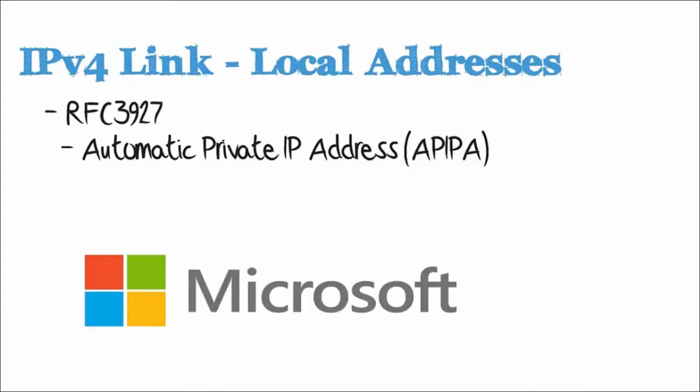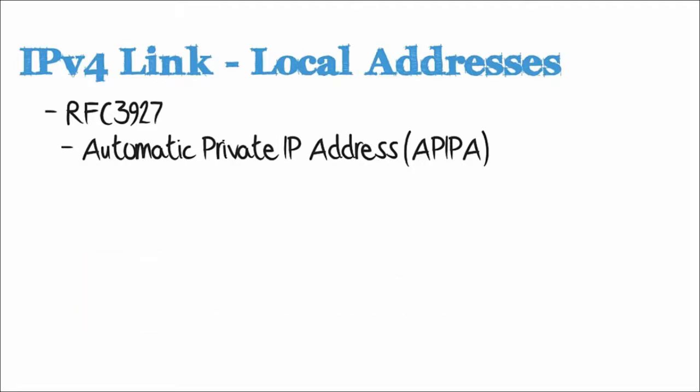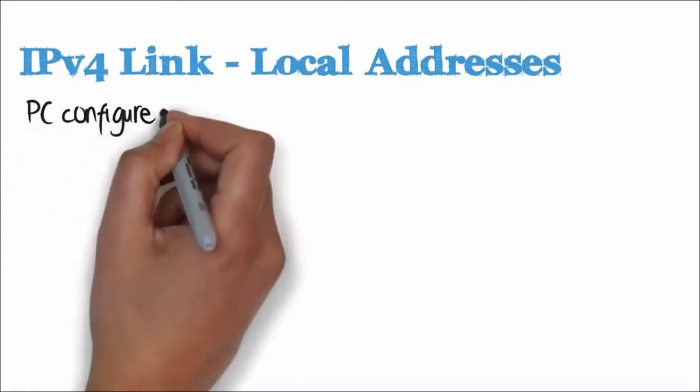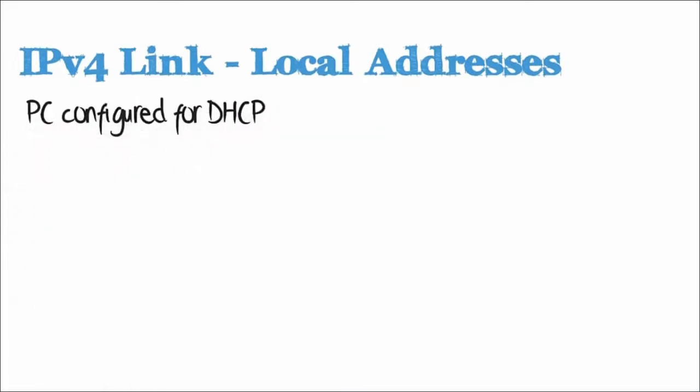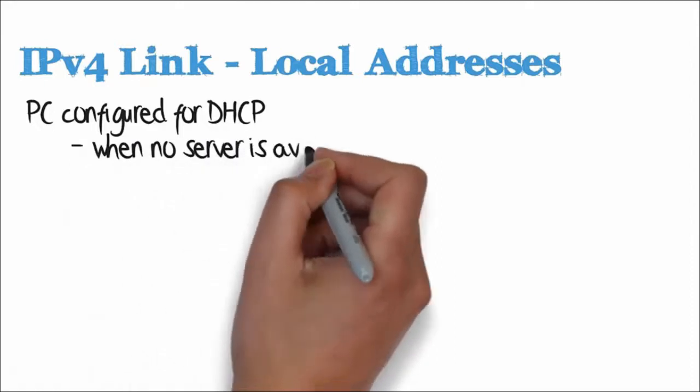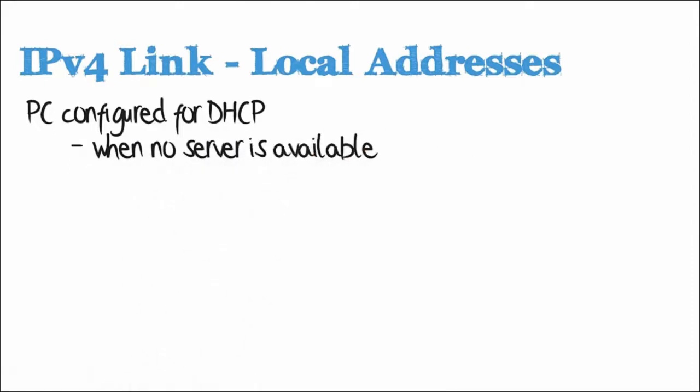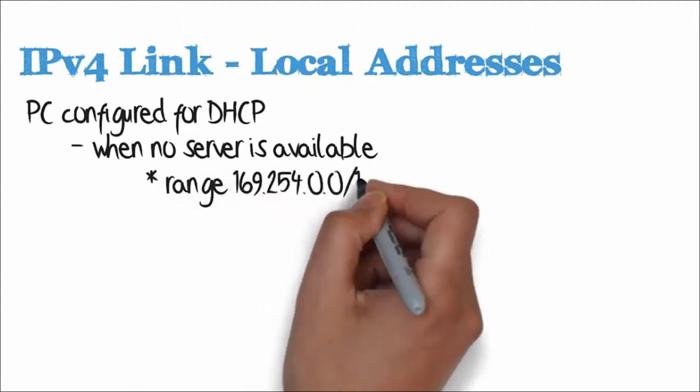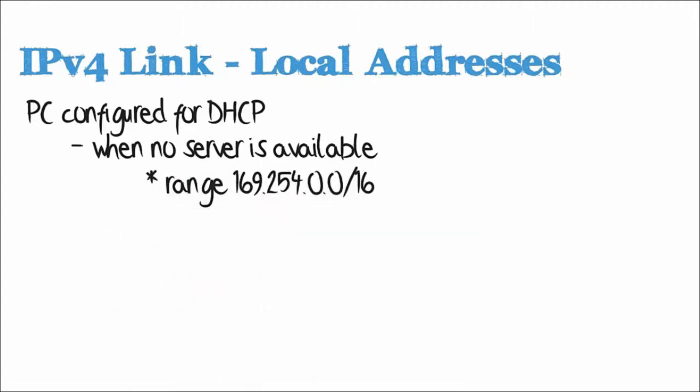Now this is used where a PC is configured for DHCP, or Dynamic Host Configuration Protocol, but no DHCP servers are available. So an IP address cannot be allocated via DHCP, and therefore the PC automatically chooses an IP address in the range 169.254.0.0. This allows computers to use link local IP addresses for communication on a local segment.